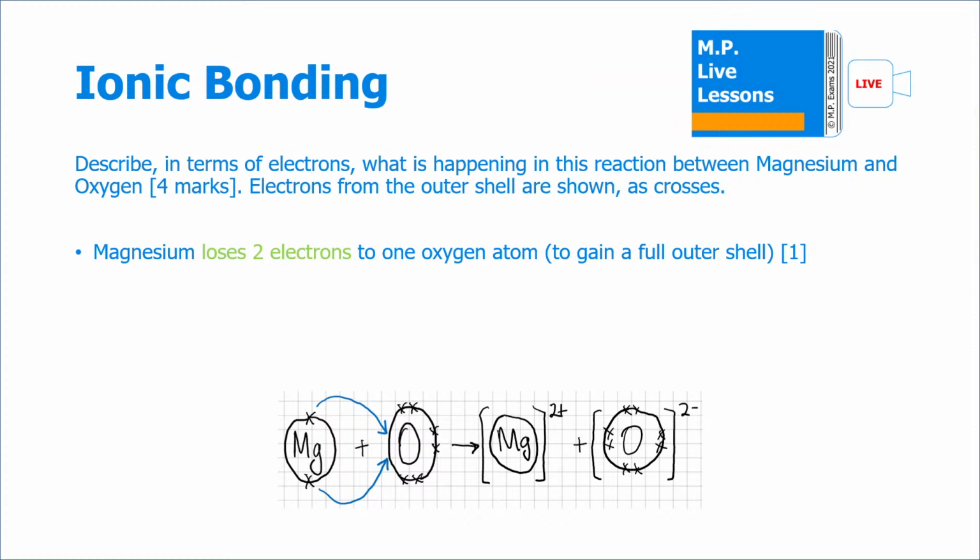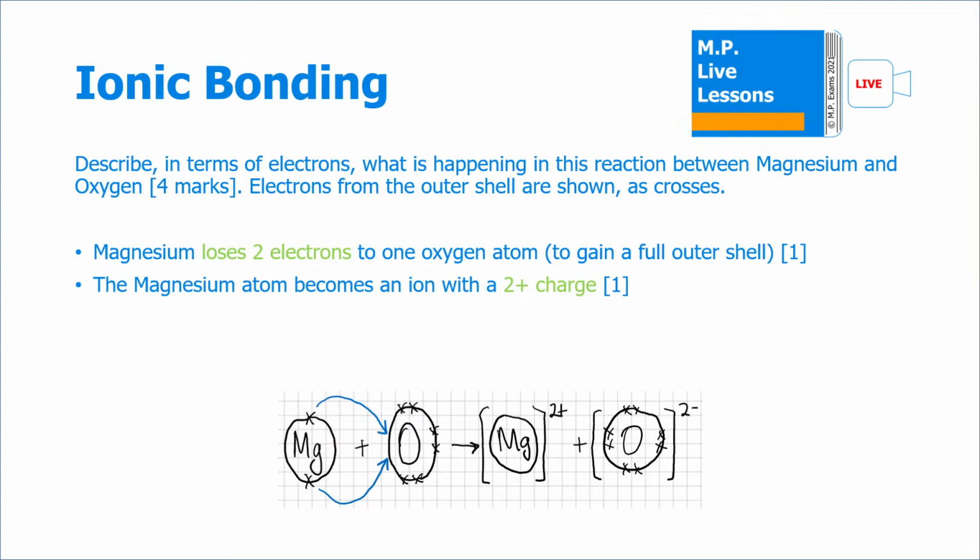So you can say to become stable or to gain a full outer shell for the same reason. That gets you a mark. The second mark comes from saying what ion magnesium turns into. So the magnesium atom becomes an ion with a 2 plus charge. It lost those 2 electrons, it lost a negative charge, so it becomes positive.